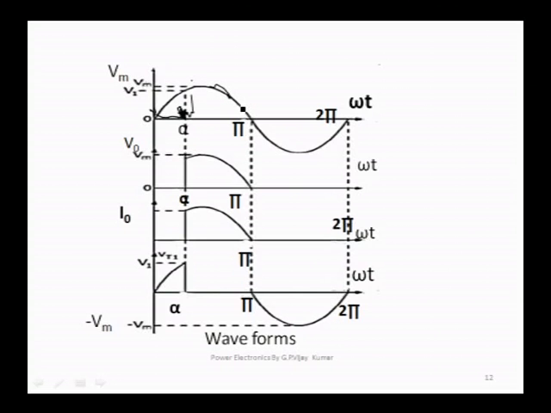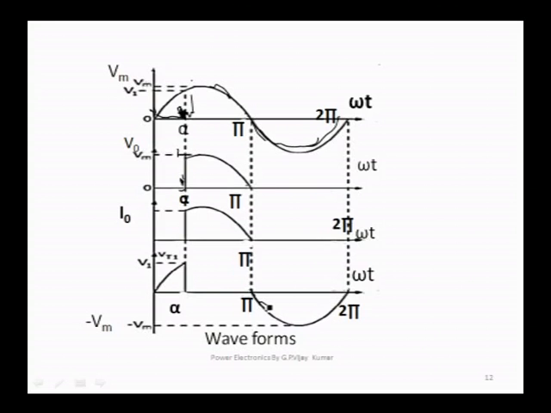So, this is the output voltage. If you fire an SCR at this point alpha, this is the output voltage you will get, from alpha to pi. At angle pi the thyristor gets reverse biased. See the voltage across the SCR is reverse biased, so the current and the voltage will be 0 here.